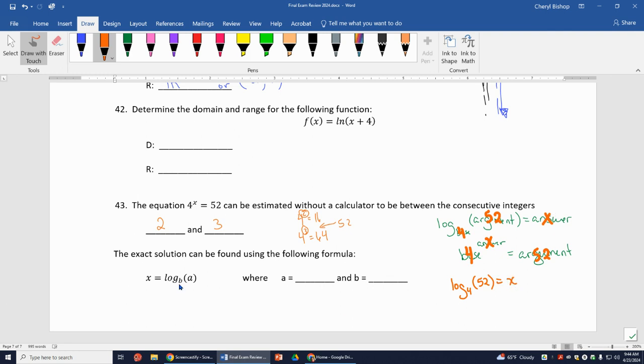So my log is base 4, my argument is 52, and my answer is x.